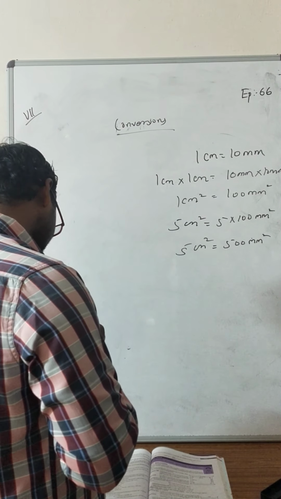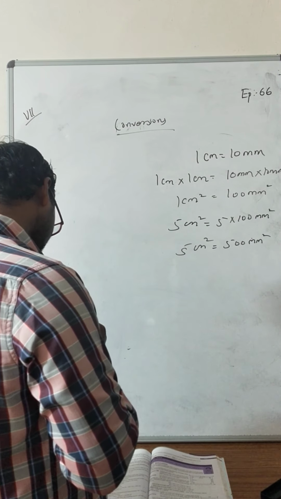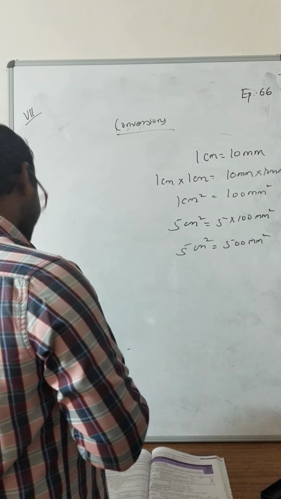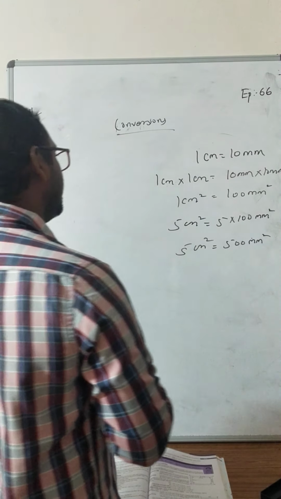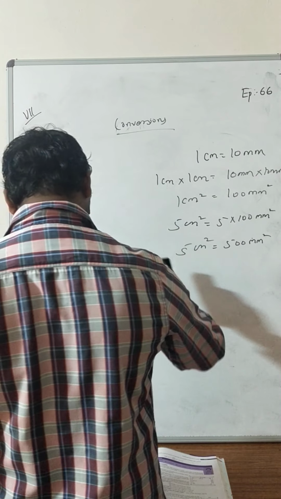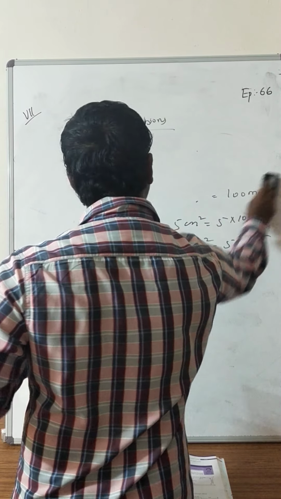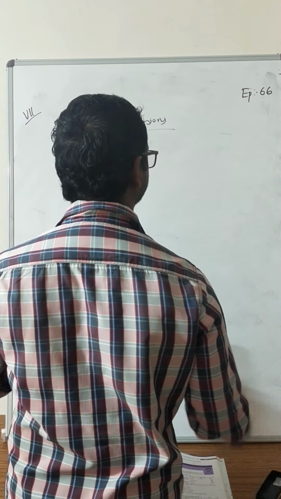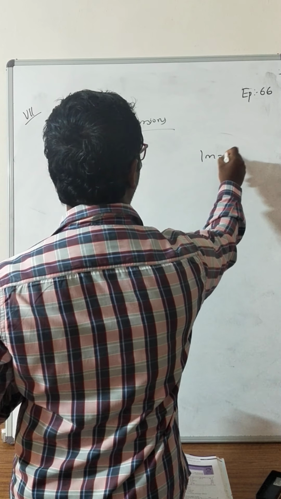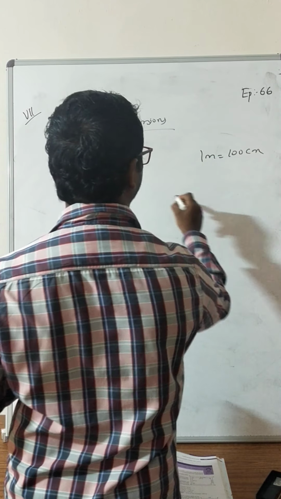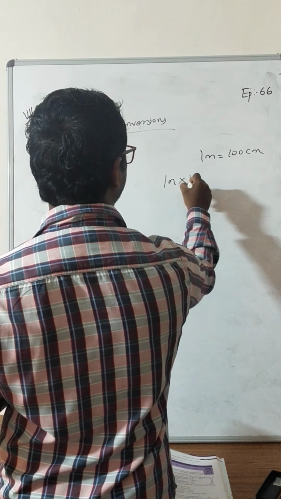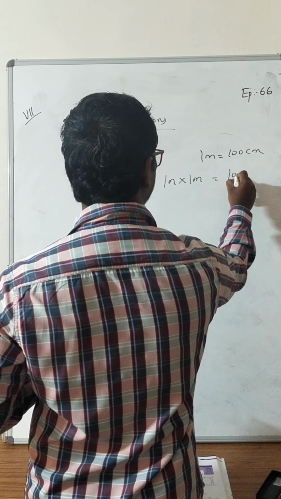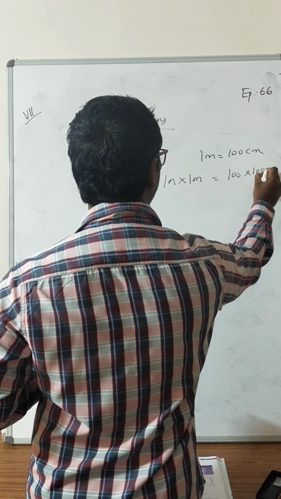Similarly, 1 meter is equal to 100 centimeter. Then 1 meter square is 1 meter into 1 meter, which means 100 centimeter into 100 centimeter.